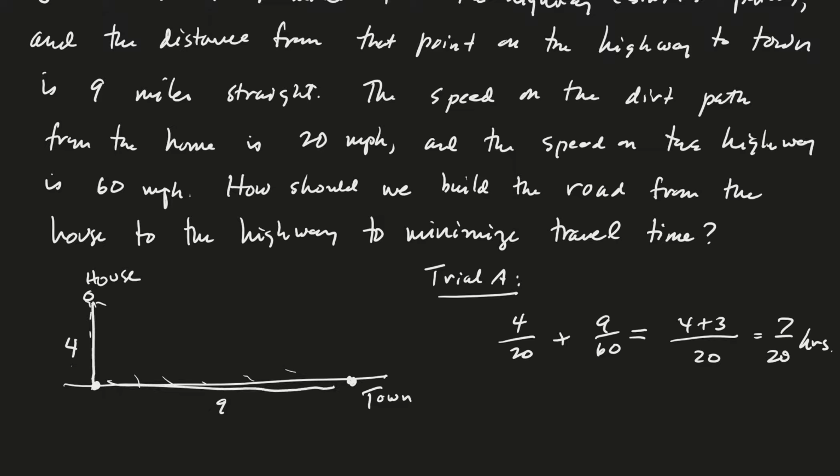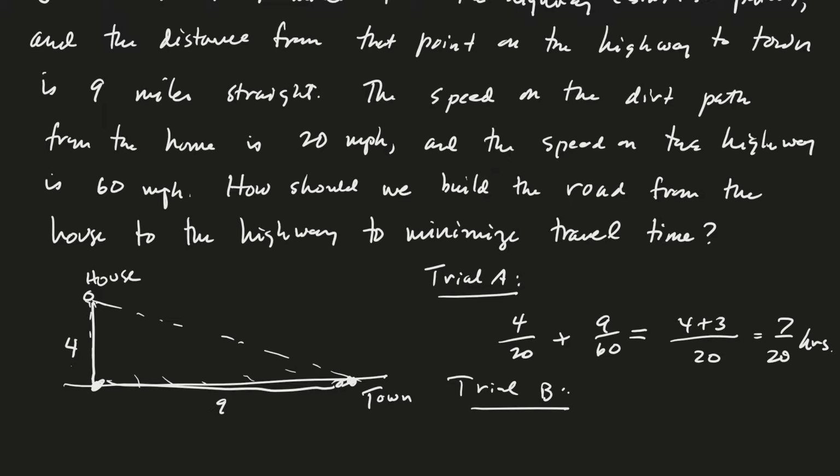Now that's the extreme where we just go straight this way and then straight this way. The other extreme is to just go all the way from the house to the town on the dirt road. So trial B, we're going all the way on the dirt road, and so I need this distance here.